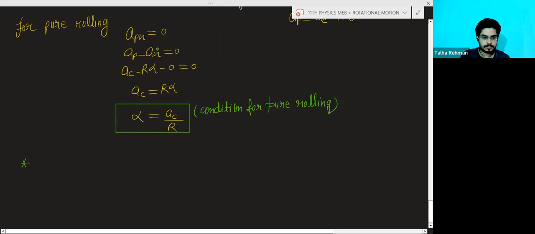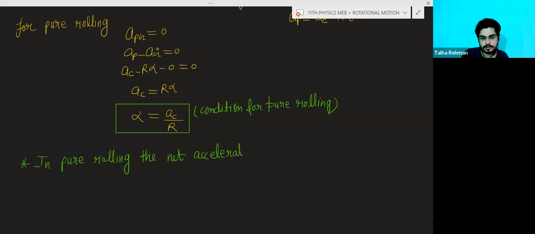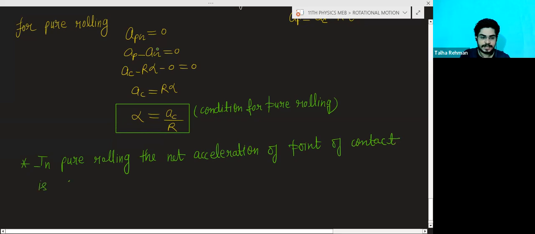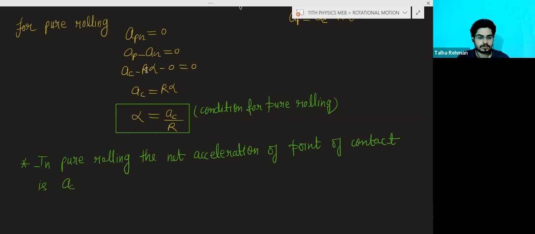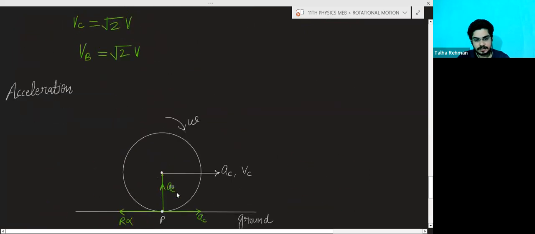So in pure rolling, the net acceleration of point of contact is radial acceleration or centripetal acceleration. Centripetal we will not represent with AC; we should represent this with AR, radial acceleration. Why?